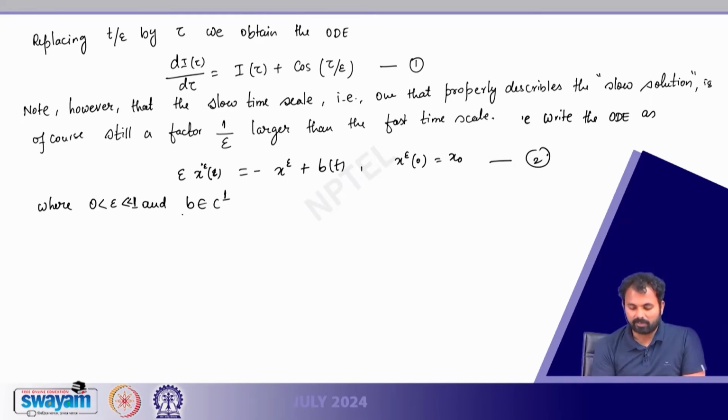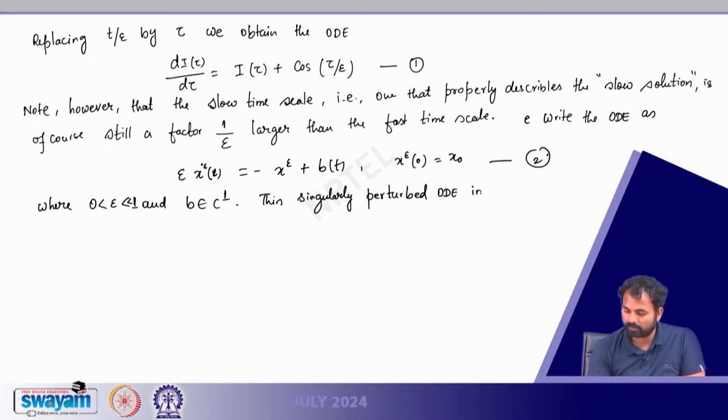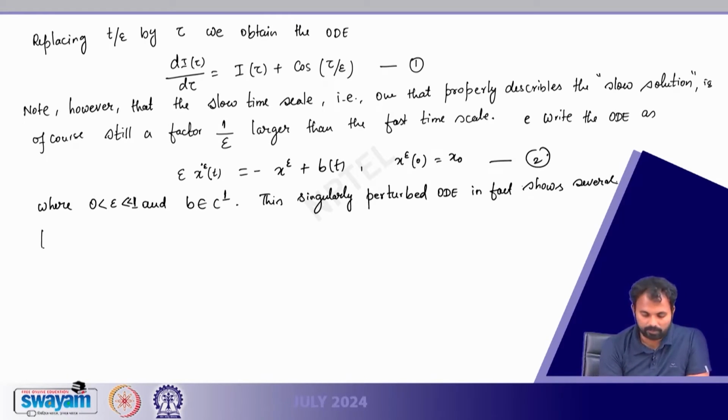That means the db dt exists, and this singularly perturbed ODE in fact shows several features of interest. Like what?